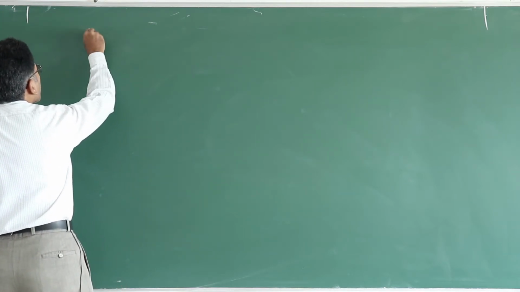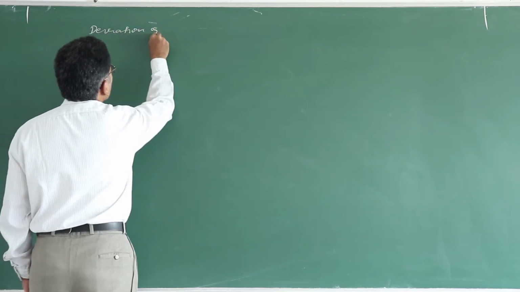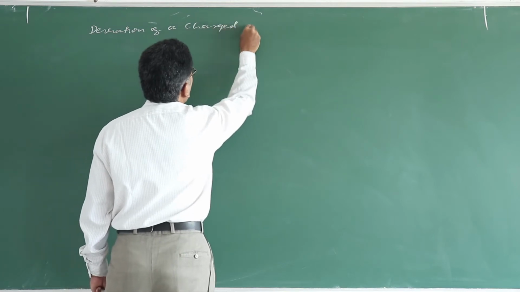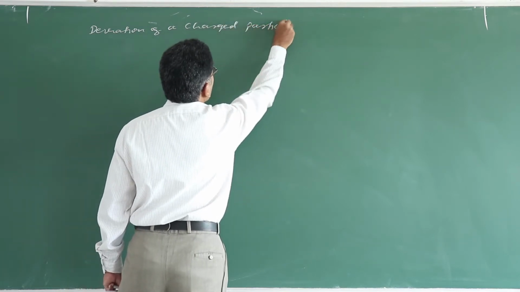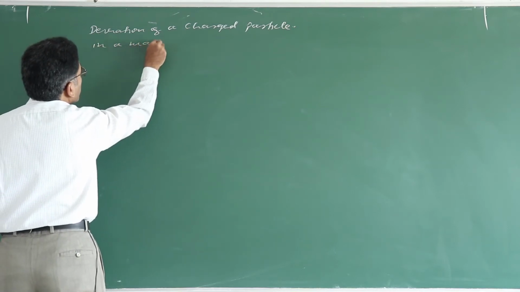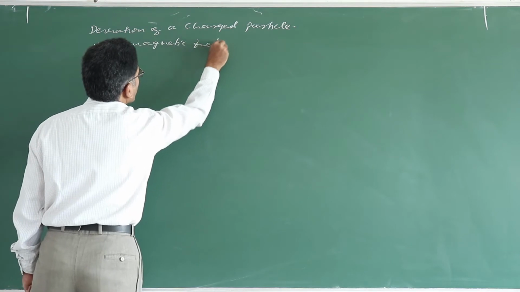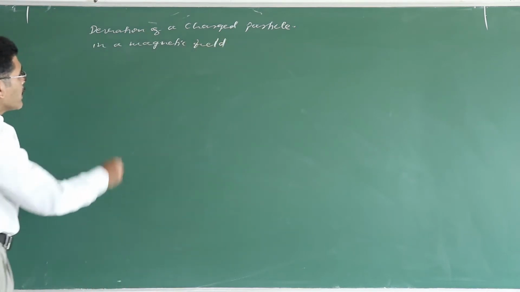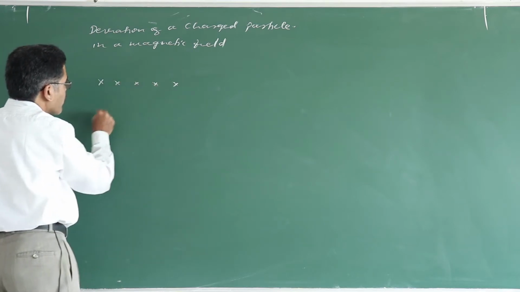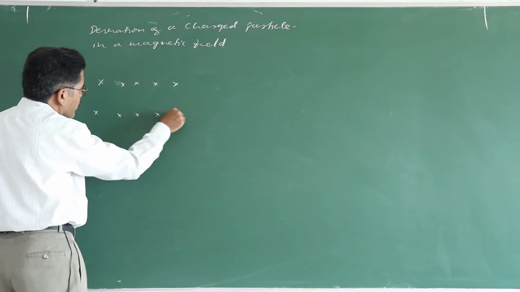So first let me take the deviation of a charged particle in a magnetic field. See, let there be a magnetic field which is acting perpendicular to the plane of this board and into this board.